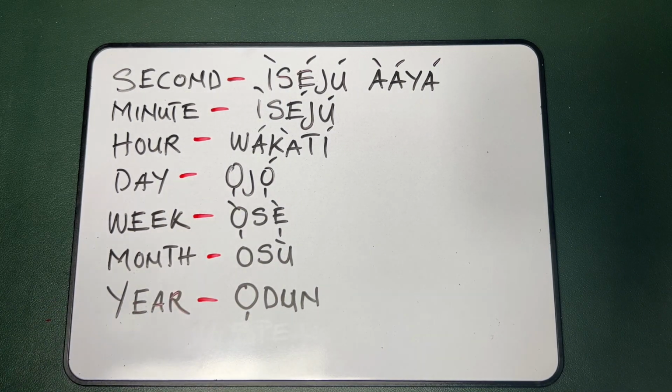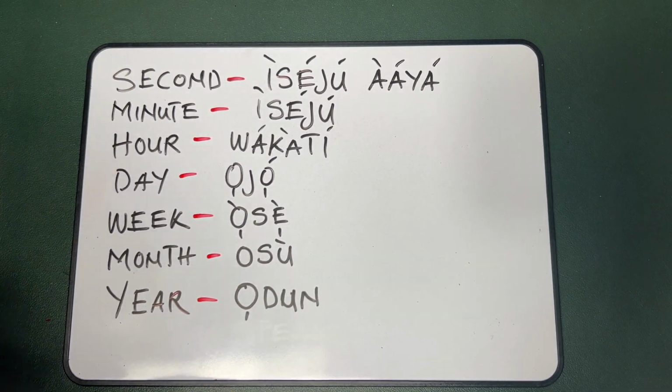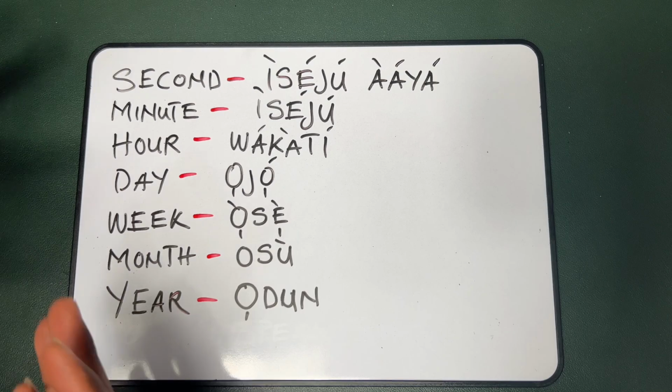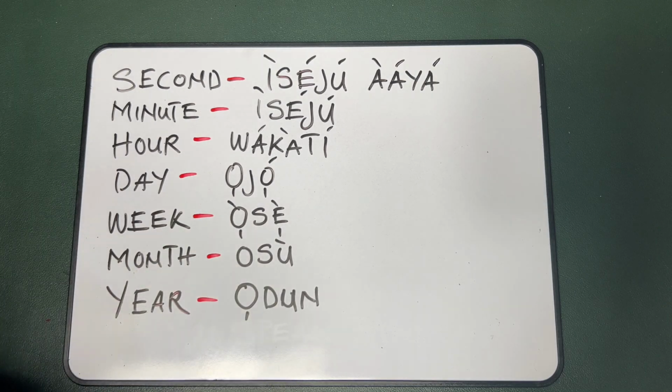Let's use numbers 1 to 5, for example, and just play around with these. So 1 is ọ̀kan, 2 is èjì, 3 is mẹ́ta, 4 is mẹ́rin, 5 is márùn.